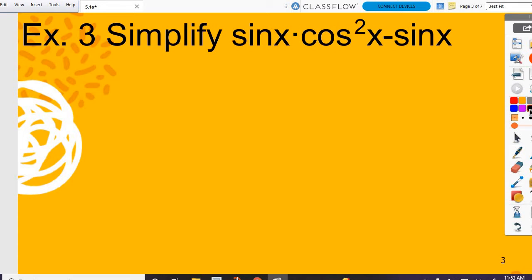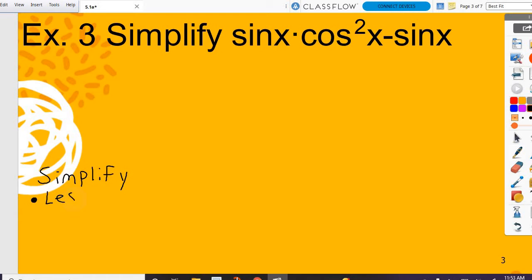Right now, how many trig functions do we have? We have 3 trig functions. There are 2 different kinds, right? And then how many operations do we have? We have 2: multiplication and subtraction. So when it asks us to simplify something, we're usually looking for 2 things.